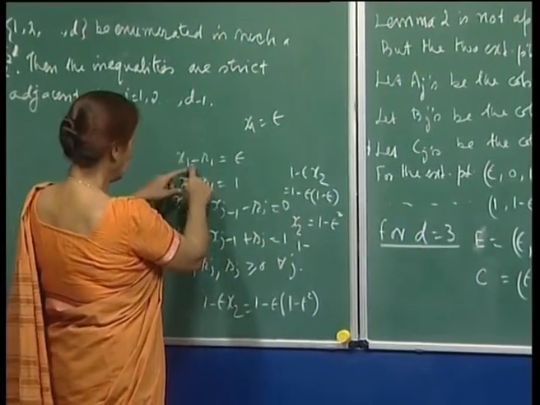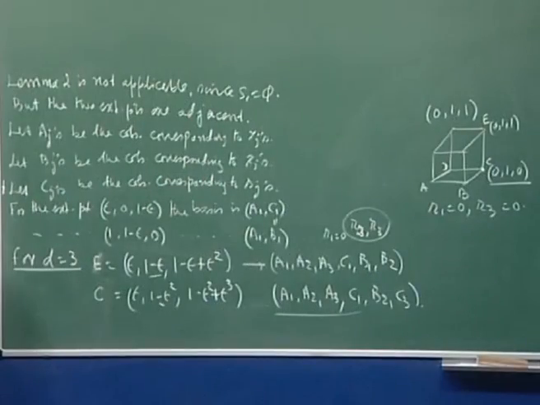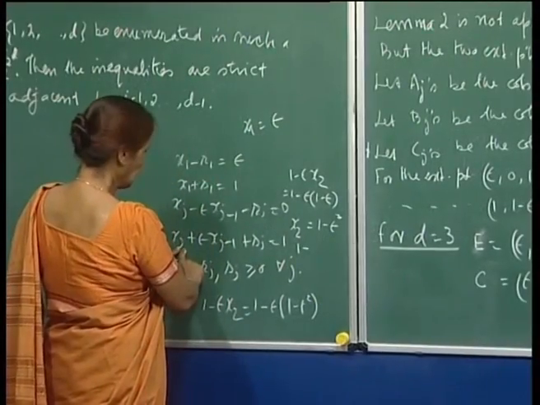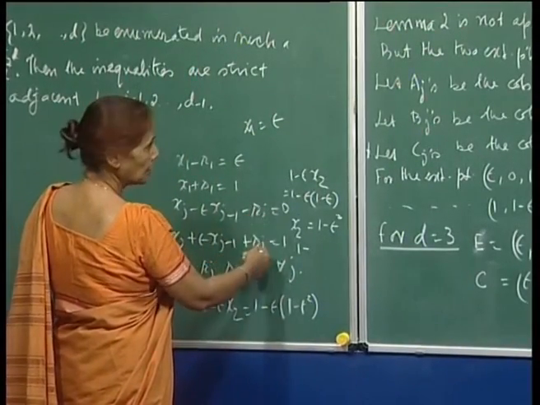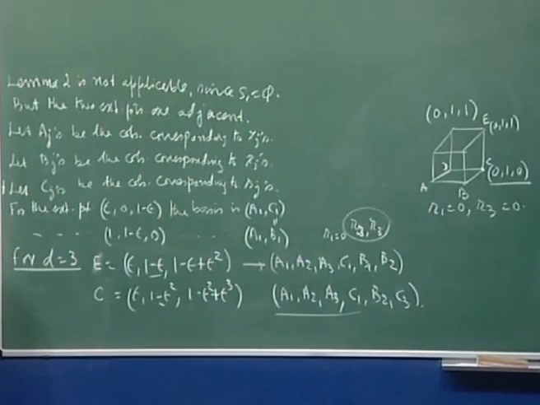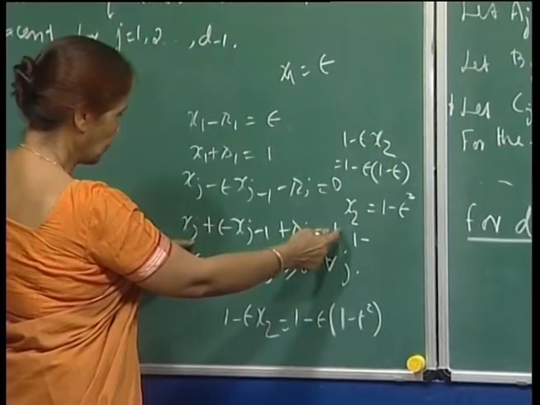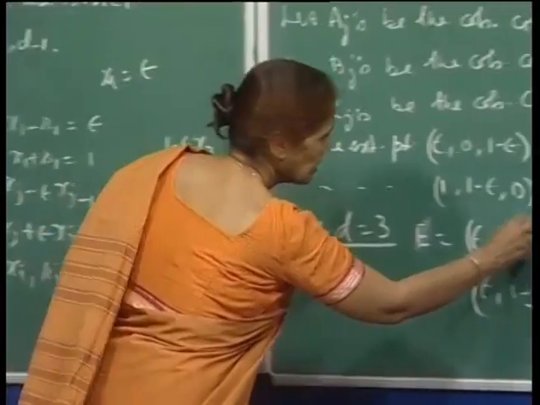So, when R 1 is 0, you have x 1 equal to epsilon. Then x 2 would be, because S 2 is 0 and R 2 is there in the basis, 1 minus epsilon square.